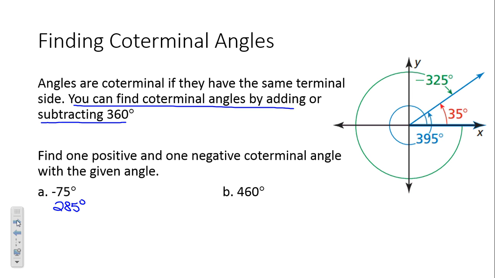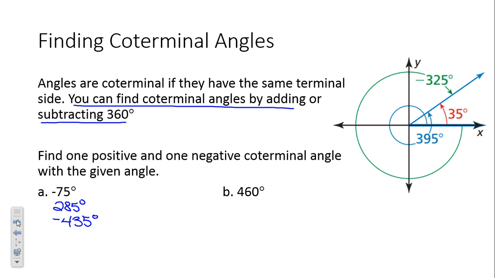And then negative 75 minus 360? Negative 435. So those will be easy points, provided you have a calculator and you remember that we just need to add a revolution or take away a revolution, and a revolution is 360.